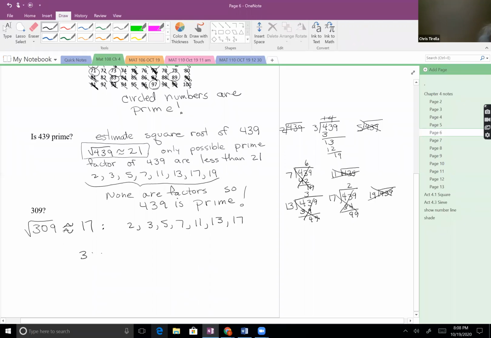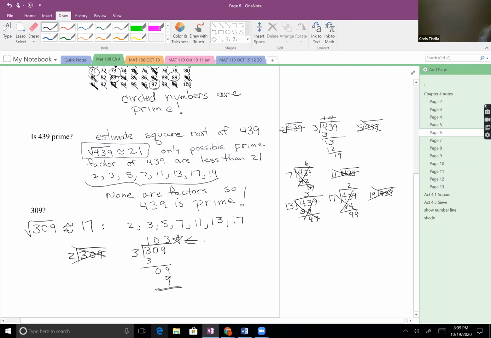And can we divide 309 evenly by 2? No, it's not even. Can we divide 309 evenly by 3? Yes, we can.